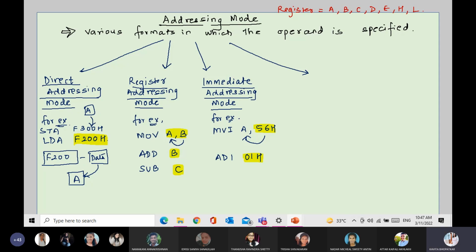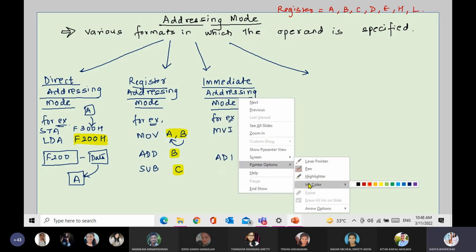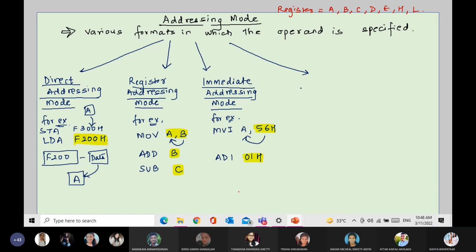So data which is to be processed basically goes via hex code of the program or opcode of the program. Clear? Can I move ahead? Yes ma'am, done.